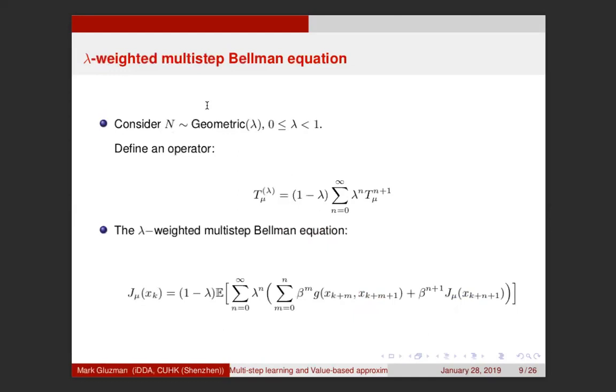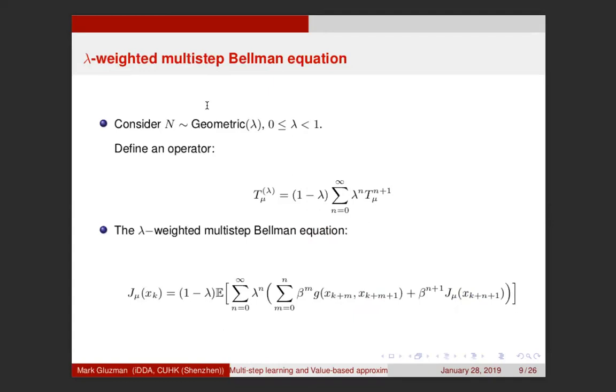The variance will be less for this Bellman equation in theory. So basically, instead of choosing some fixed n, we assume that n follows a geometric distribution, and we can get a lambda-weighted multi-step Bellman equation.